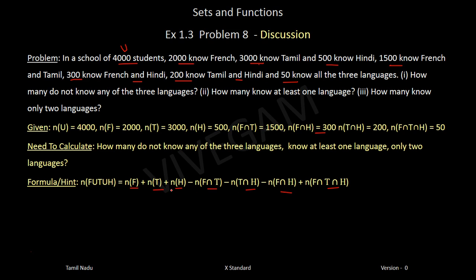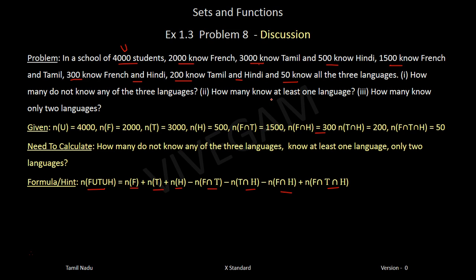So everything is known, which means we will be able to calculate the number of students who know either French or Tamil or Hindi. If you substitute, you'll be able to add up all these things. But the total number of students is 4,000, so 4,000 minus this will give you the students who don't know any of the three languages.